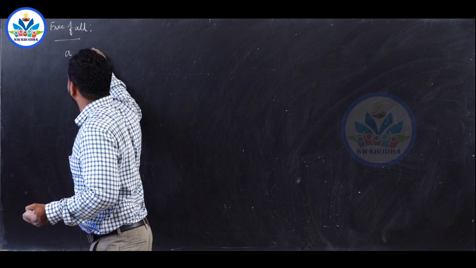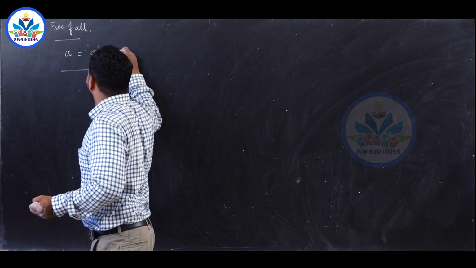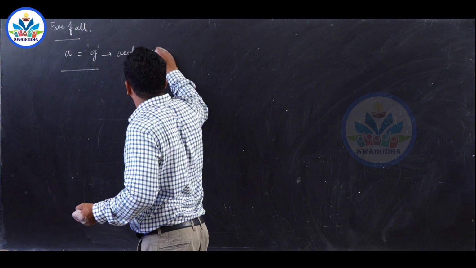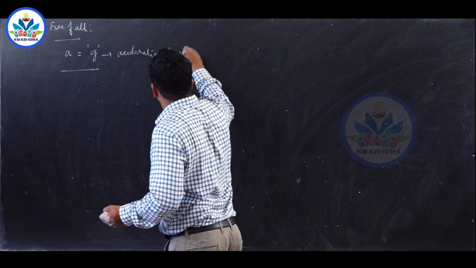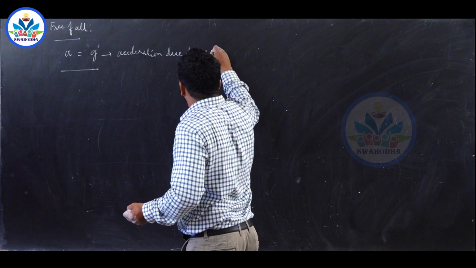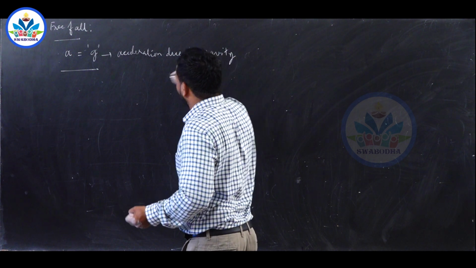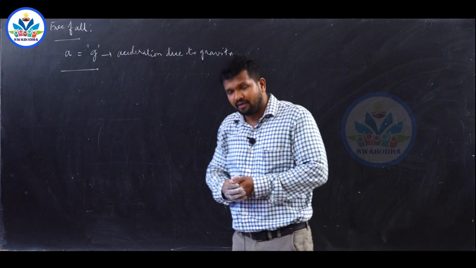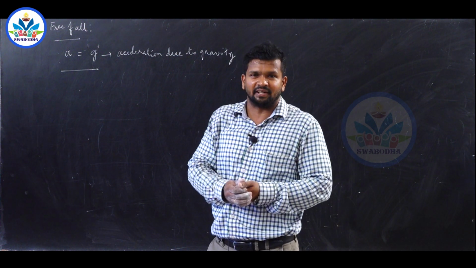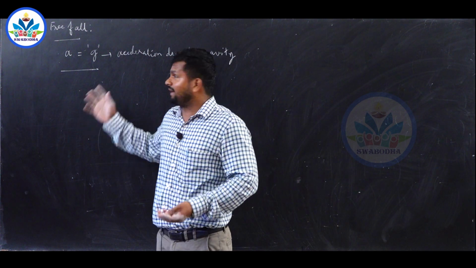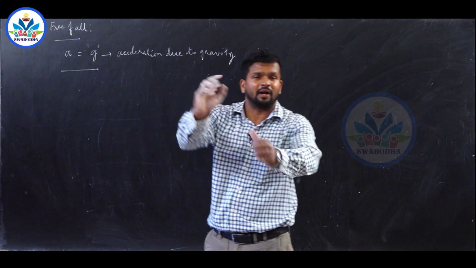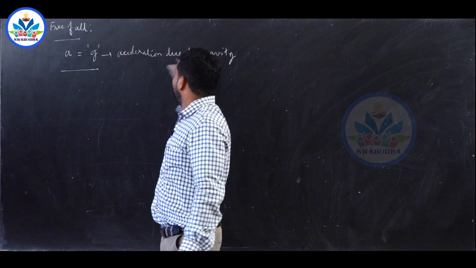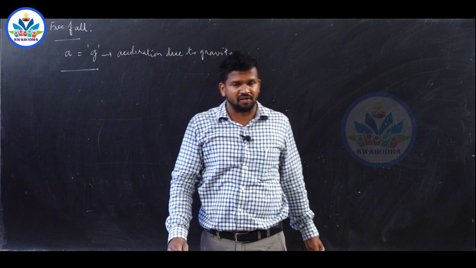We call it a equal to g, the acceleration due to gravity, denoted by small letter g. That acceleration acquired by the body because of the earth's gravitational force is called acceleration due to gravity, denoted by g.